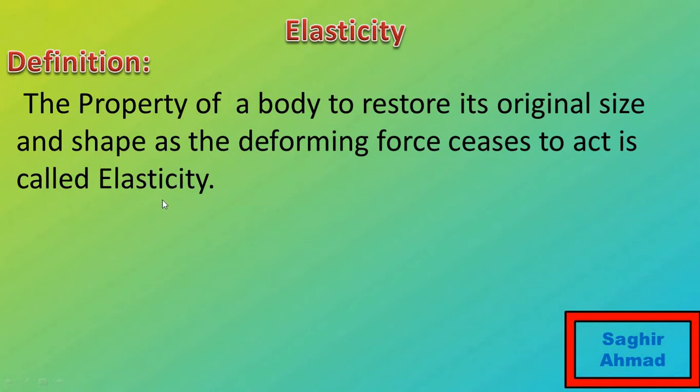It means it is a property of a body by which it comes to its original size, position or shape when we remove the force that is acting on that body.